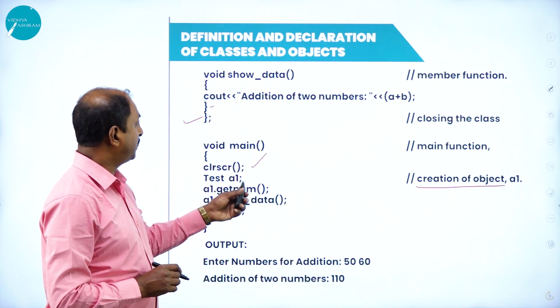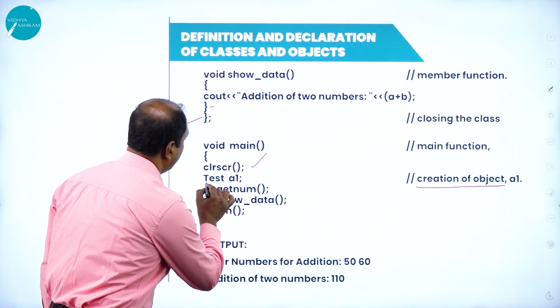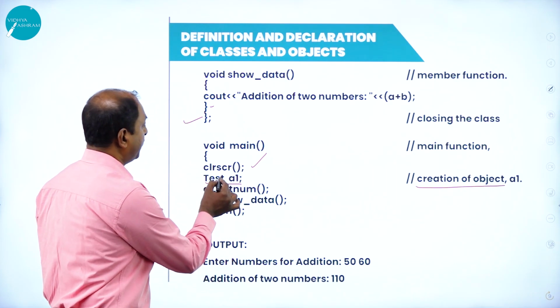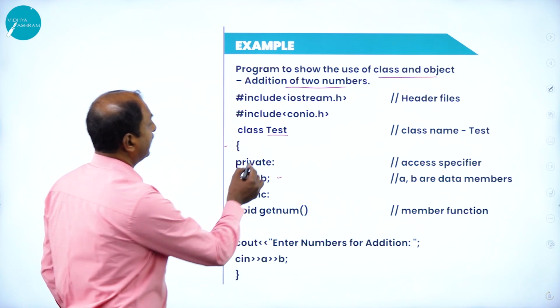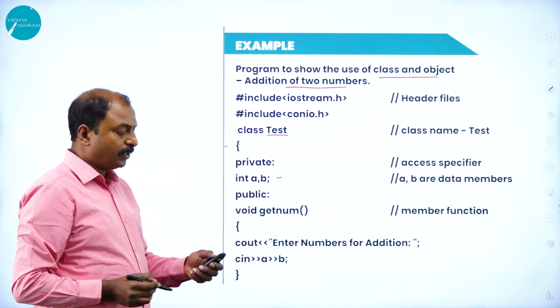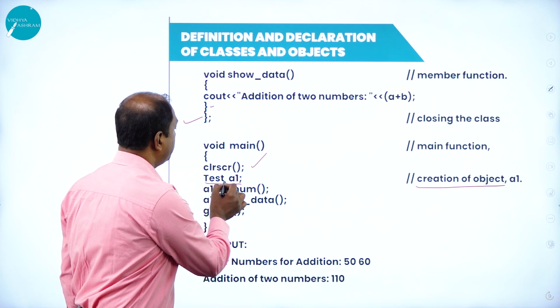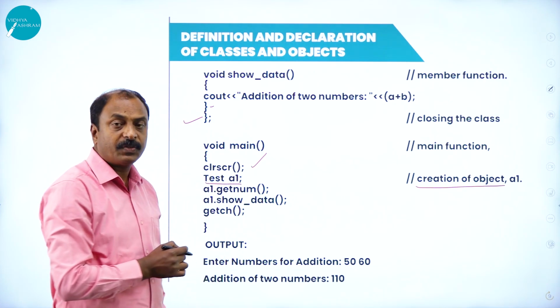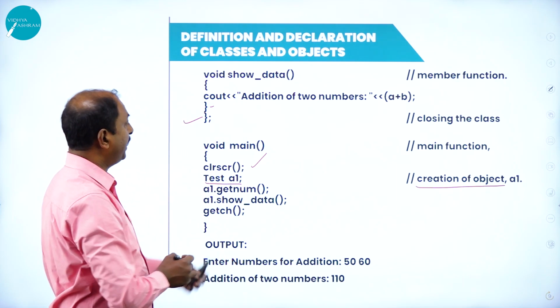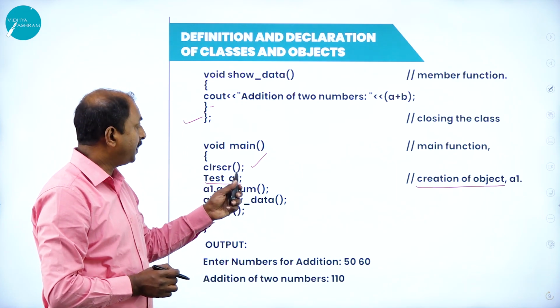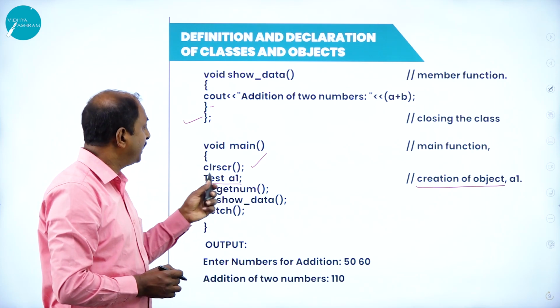The syntax is test space A1. Here test is the name of the class. Then the class name, space, variable, is an identifier or user-defined name. It is A1 in this example. So A1 is an object of the class test.